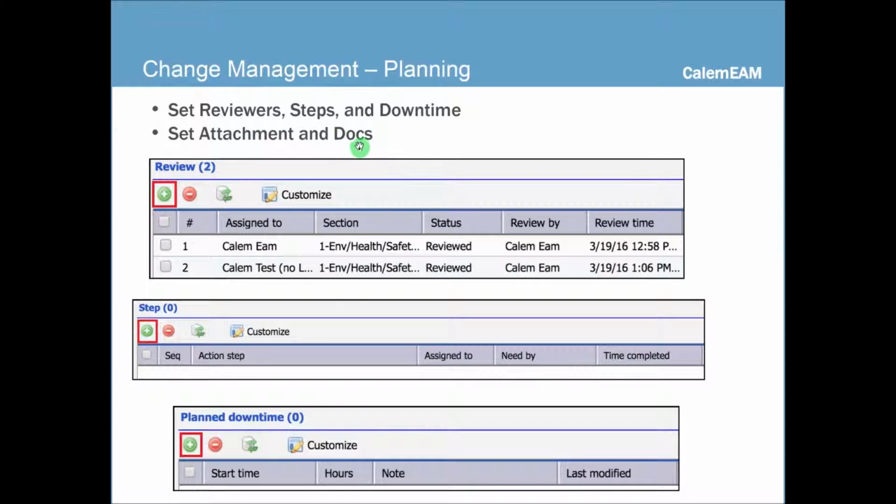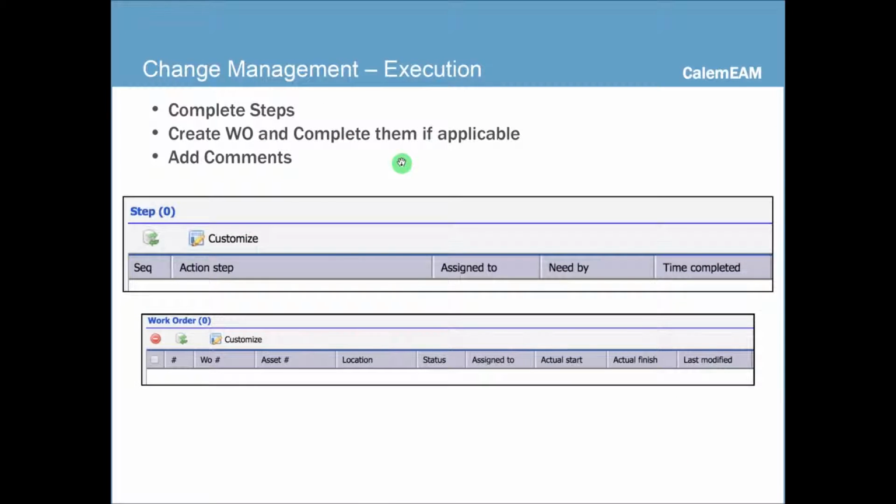And they can also attach documents and individual attachments as well. At the execution phase, the technical staff can complete steps, create work orders and complete them if applicable, and add comments to the change request.